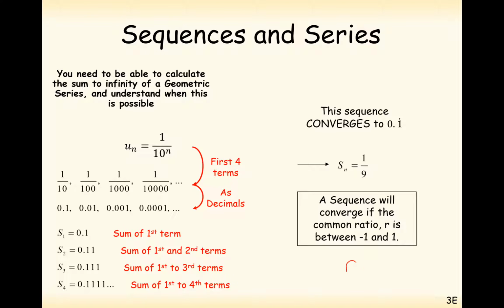When our ratio is a decimal number, or a number that's in between -1 and 1, our series will get continuously smaller, such that when you add up this continually smaller sequence, it tends towards a whole number. You can add this up to infinity and it will still tend towards that whole number.